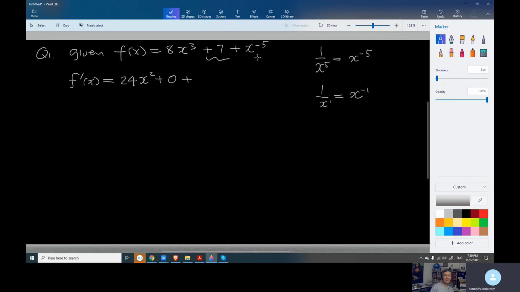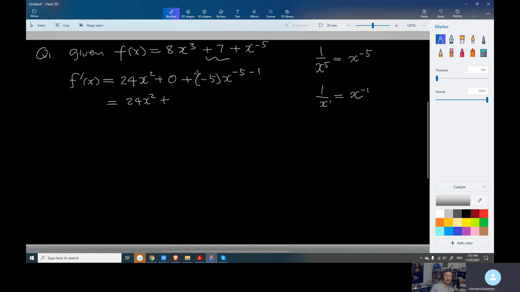Now, the challenging one. How about this one? It would be minus 5x, 5 multiply x, to the index of -6. Yes, x to the index of -6. Oh, well, you're a quick learner. Yes, that's right. Let's copy it again. The 24x squared, forget about 0.